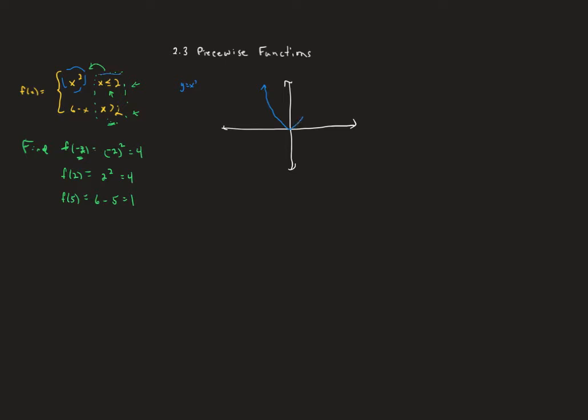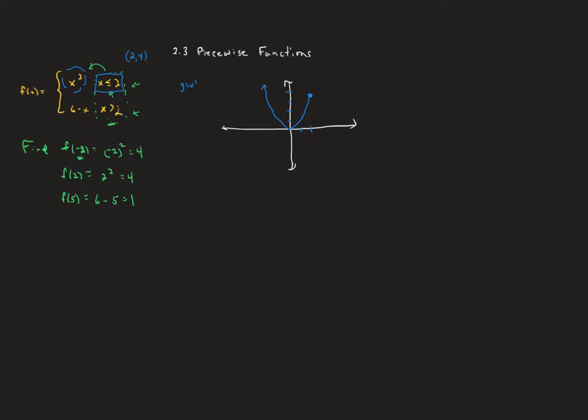I'm going to only go until we get x equals 2. When x is equal to 2, 2 squared is 4, so this part of the parabola is going to come to an end at the point 2, 4. And because of the "or equal to," that's going to be a solid dot as opposed to an open circle. So that part is the x squared part of the graph.